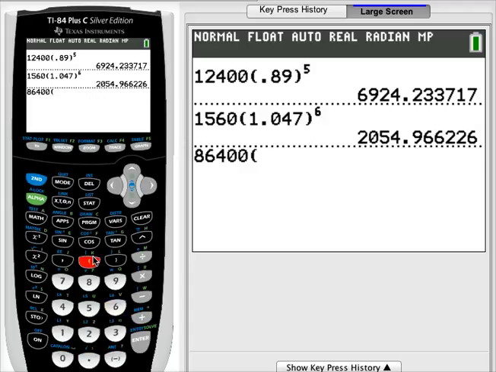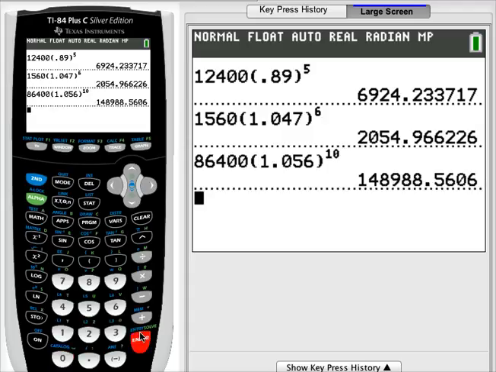86,400 times 1.056 to the 10th power, and we get 148,898.